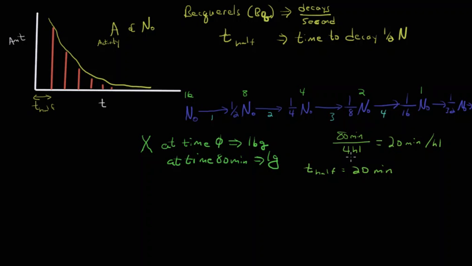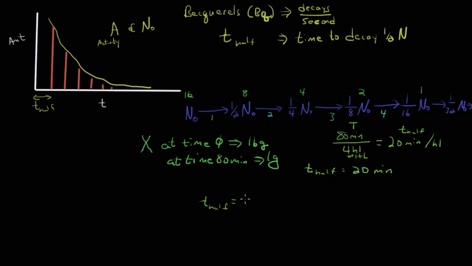This is T half, this is time, and this is number of half-lives. This is not a formula in your book.